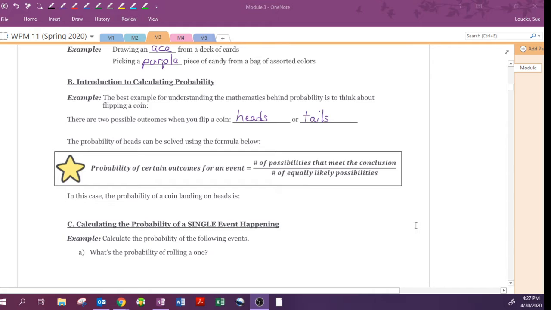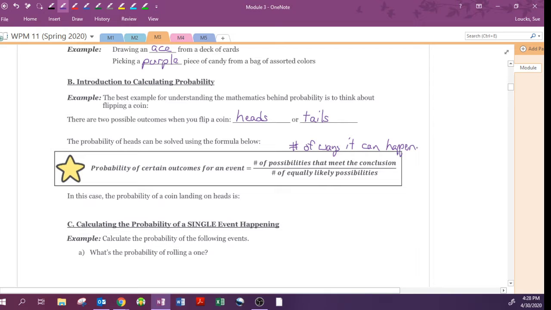This is also phrased sometimes as the number of ways it can happen. Number of ways that whatever your outcome is that you're looking for, the number of ways it can happen.